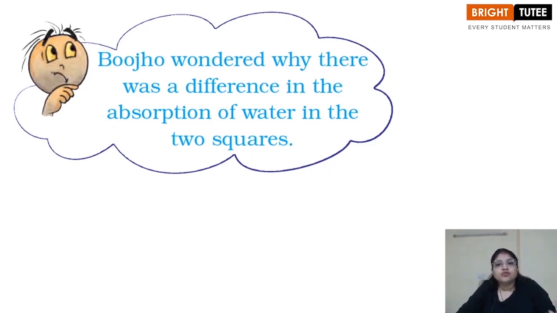The percolation was not good because there are no pores in the particles of the tiles or marbles. But the kacha road, which is made up of soil, has pores in it. It has soil particles with spaces in between, which allow the water to move through.